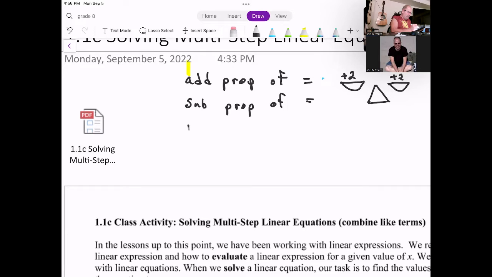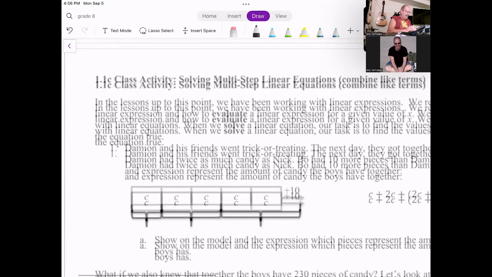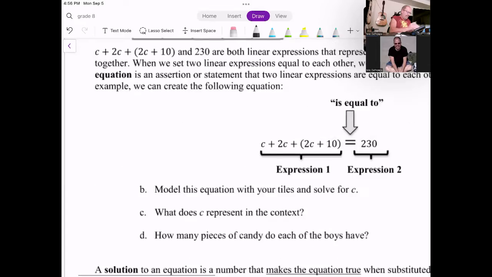Then we had the multiplication property of equality and the division property of equality. And it's all that same principle. Whatever you do to one side of the equal sign, you have to do to the other side. And when we say sides, we mean everything on the side of an equal sign.